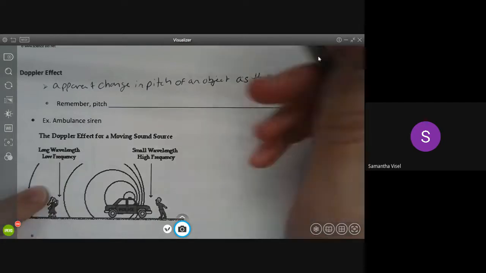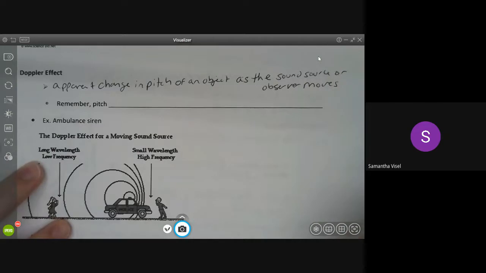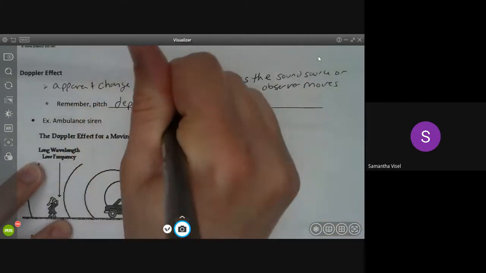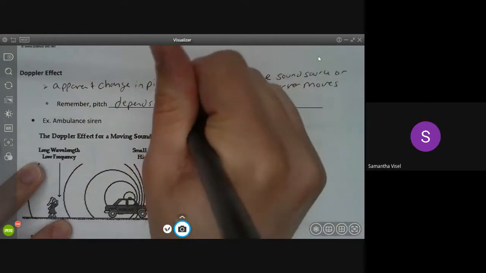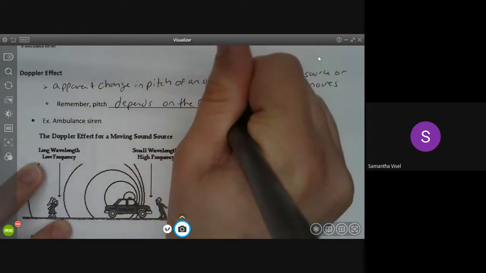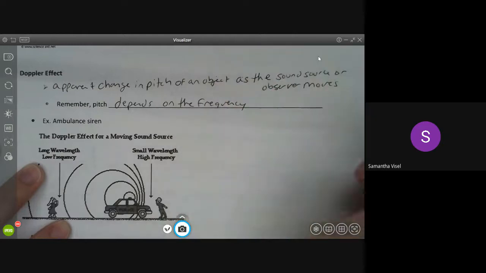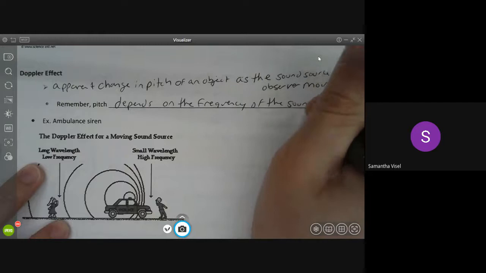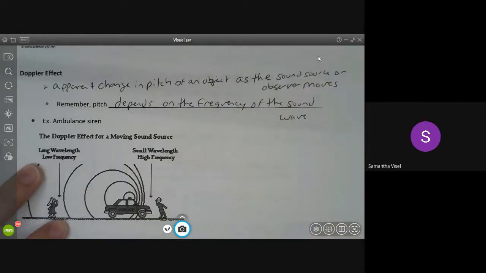And remember, since we're going to talk about changes in pitch, pitch depends on the frequency of the sound wave. So the Doppler effect is an apparent change in pitch.